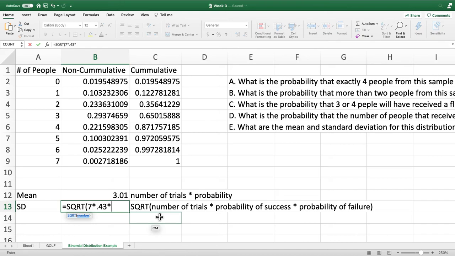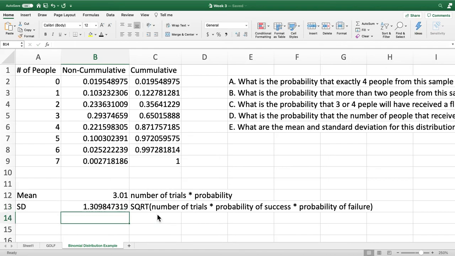So if it was 43%, we take 1 minus 0.43, and you should come up with 0.57, or 57%. Close your parentheses, hit enter, and our standard deviation is then 1.309, or 1.31.